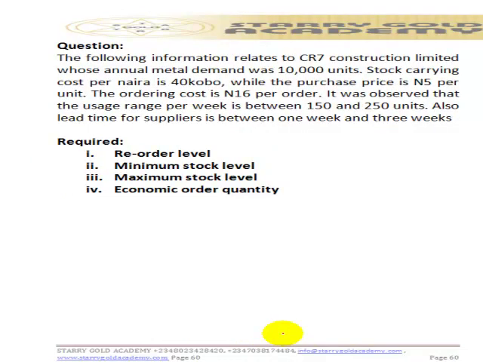Now, the next thing we have is the question. The following information relates to CR7 Construction Limited, whose annual metal demand was 10,000 units. Annual demand is 10,000 units. Stock carrying cost per naira is 40 kobo, while the purchase price is 5 naira per order.